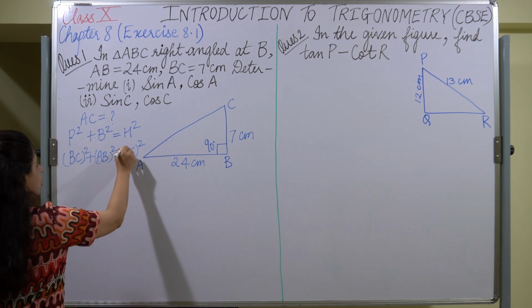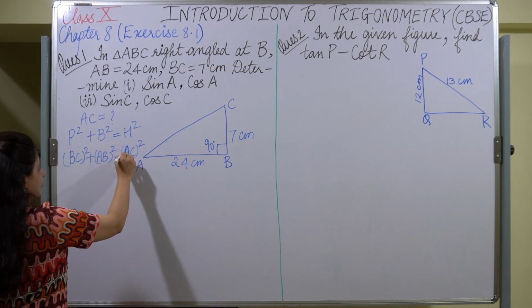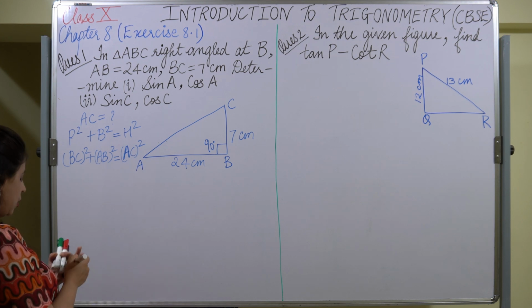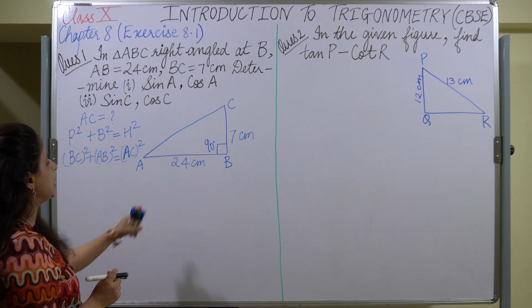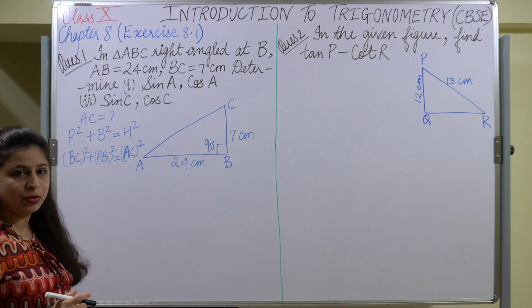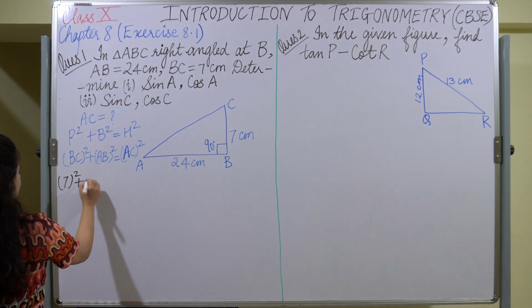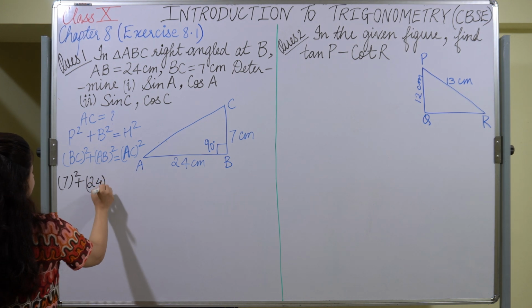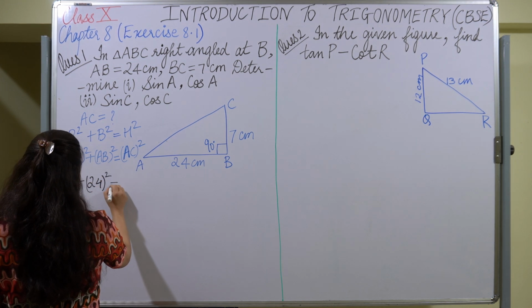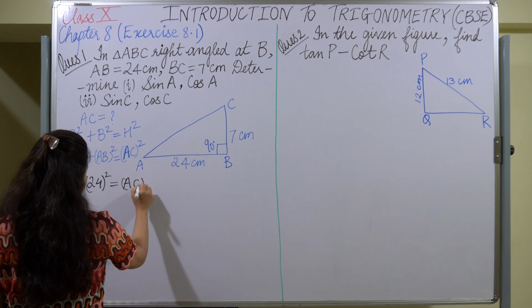Now BC is given to us as 7 centimeter, so it will be 7 square plus 24 square, that will be equal to AC square.